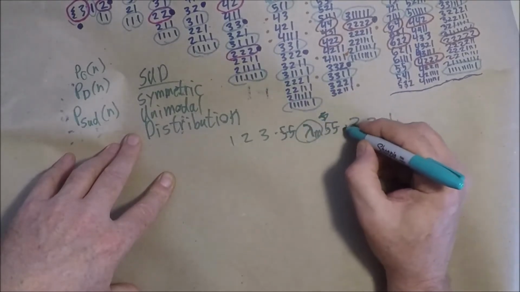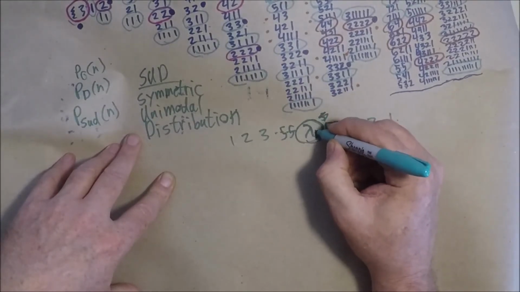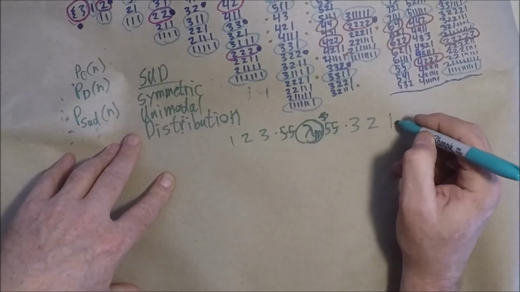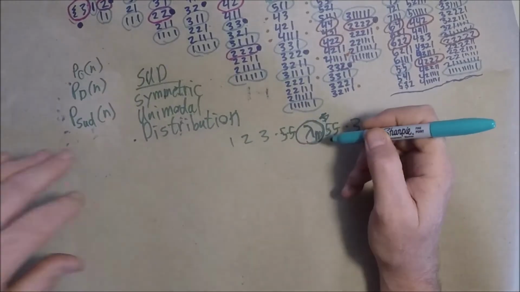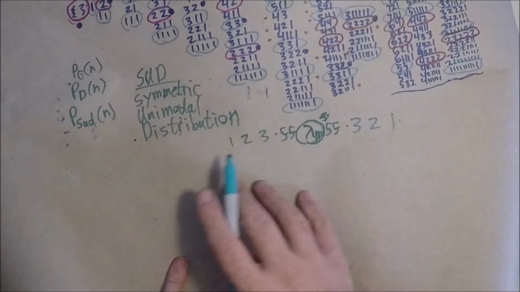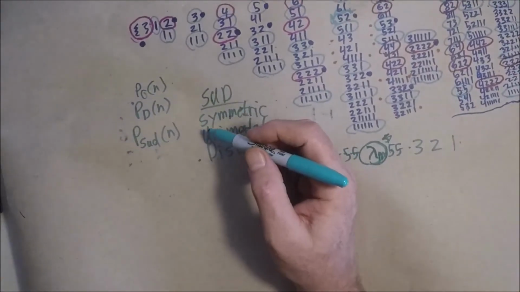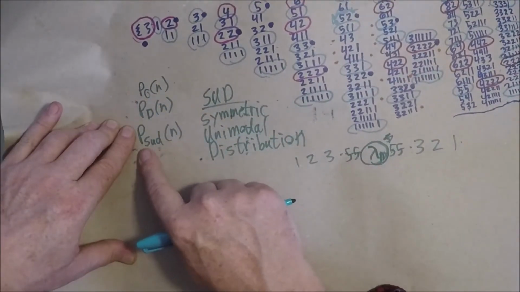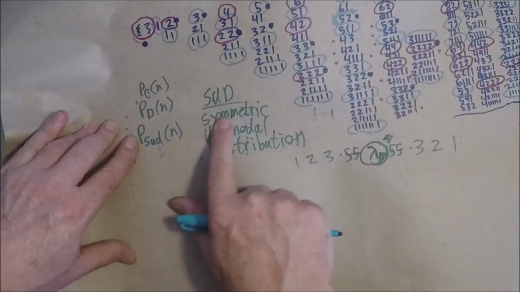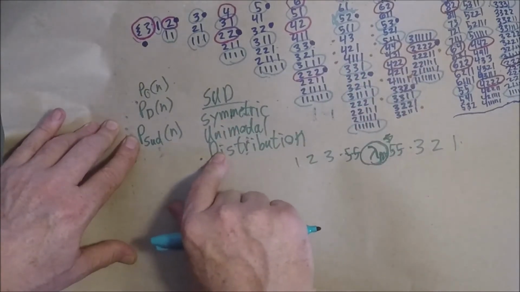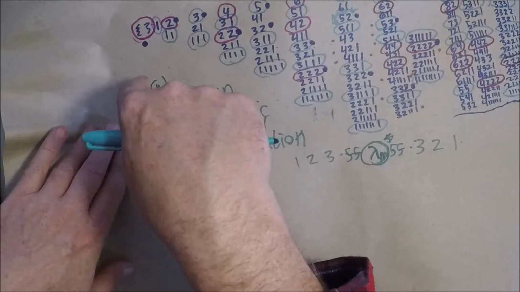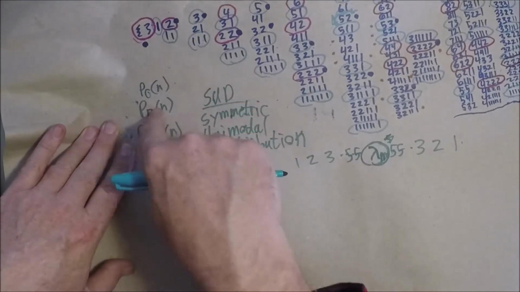But there's an odd number of 5s. There's one in the middle that is not reflected in the mirror. It's actually on the mirror's surface, if you will. So the contention is that partitions that may be formed into a symmetric unimodal distribution are equinumerous with partitions into odd parts and into distinct parts.